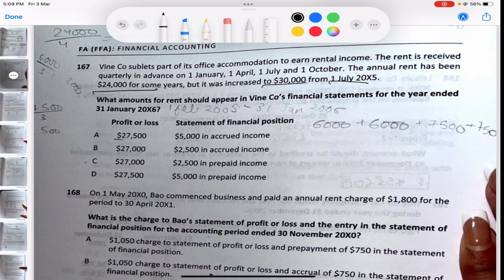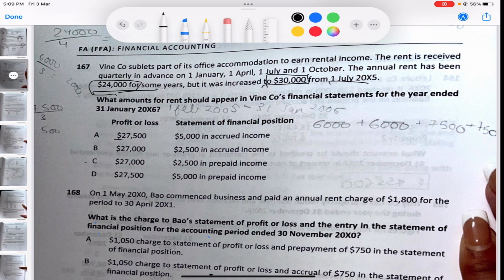So first let's calculate the rent until 1st July. So that would be Jan, Feb and March, April, May and June, July, August. Okay, that's it. So how many months is that? January, February, March, April, May and June. So for 6 months the rent is going to be 24,000, and for the rest of the 6 months my rent is going to be 30,000.